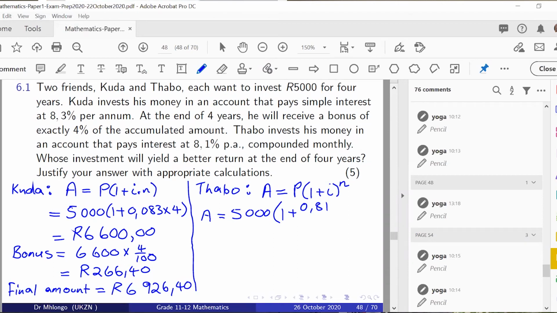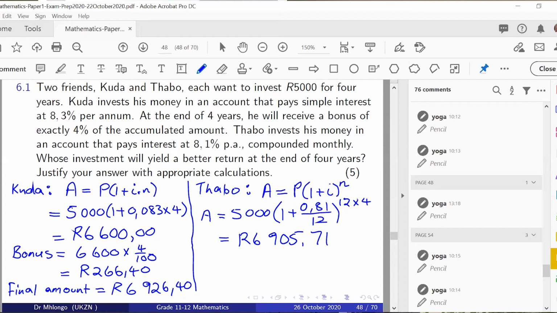0.081 divided by 12. But this is compounded monthly, which means that for our n, we are going to use 12 multiplied by 4. Okay, the final answer will be 6,905 rand 71.